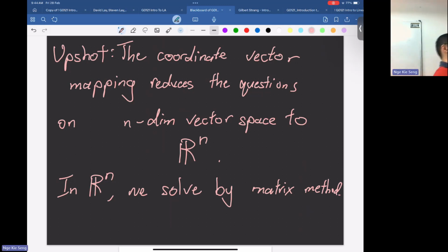So that's why we study vector spaces, because in vector spaces, we can reduce our problem into Rn if the vector space is n-dimensional. N-dimensional is quite big, you know. In real life, maybe you have a lot of variables, not just one, two, or three. For example, the stock market.